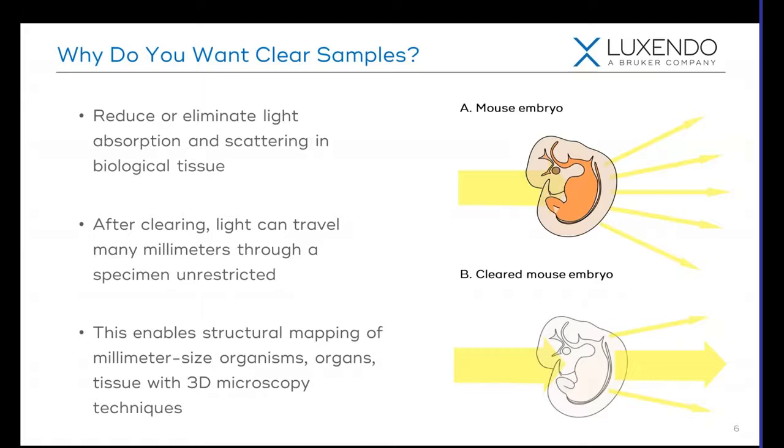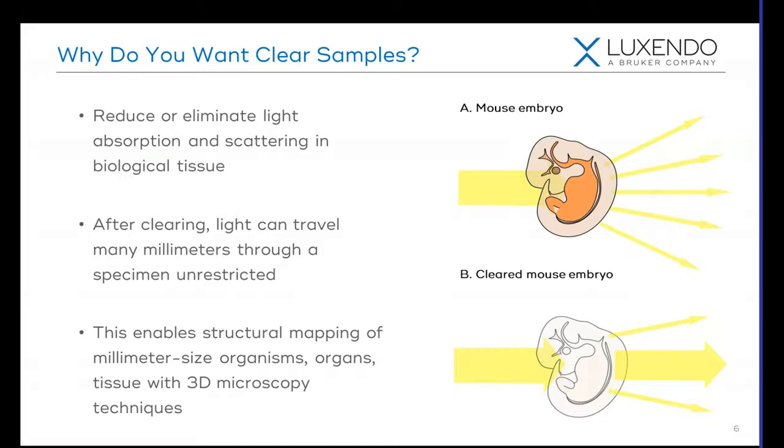Stereotypically, visible light can travel 150 microns to 200 microns into a tissue, again, depending on the opacity, before it's scattered. And when it comes to imaging, this scattering has a twofold effect. Not only do we have difficulty getting photons into the sample to excite the fluorophores, but we also have difficulty getting photons out of the sample and collecting them on the detector.